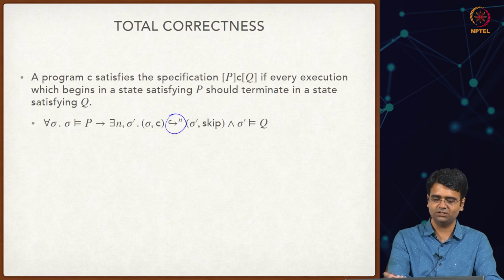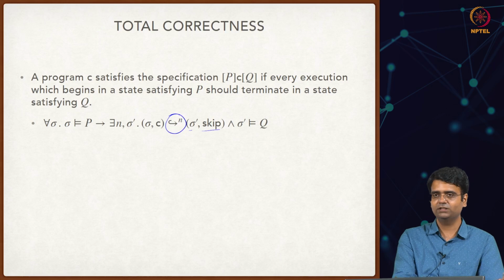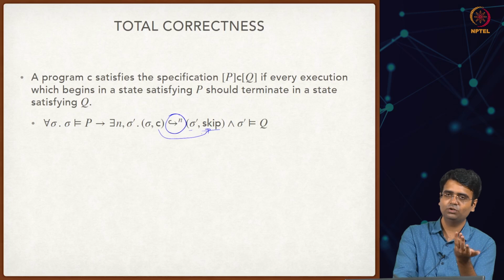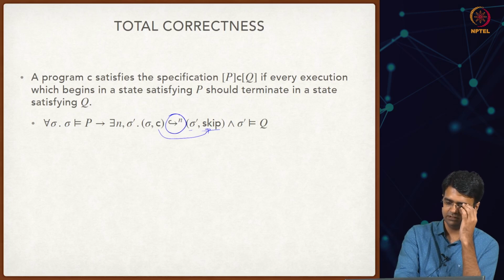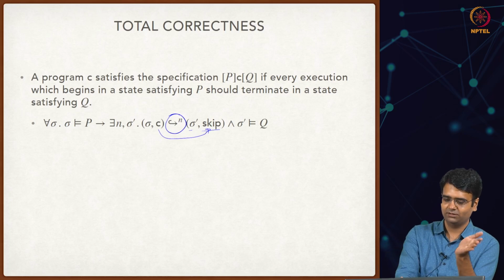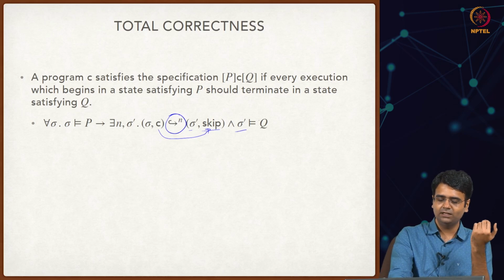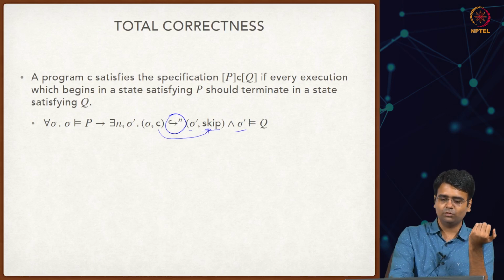So in n transitions I will definitely go to a state where the valuation of the variables is sigma prime, the rest of the program to be executed is skip, which means that I have finished the execution of C. So there are no more statements to be executed in C. So here the program has terminated, and the valuation of the variables, which is sigma prime, satisfies the formula Q.